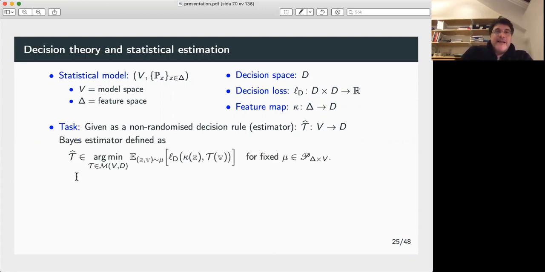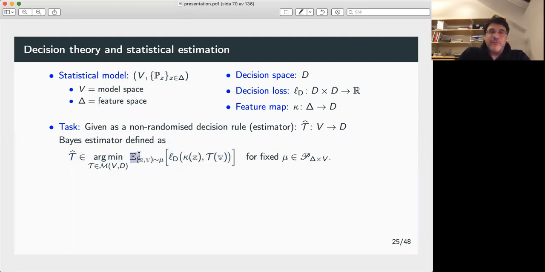So first of all, a Bayes estimator. You might recognize a couple of slides ago, when I was phrasing reconstruction as a Bayes estimator, it was very similar. So we are looking at all possible decision rules that map an element in model space into an element in decision space. And among those measurable mappings, the M here stands for measurable, I'm picking the one that is minimizing the average error.